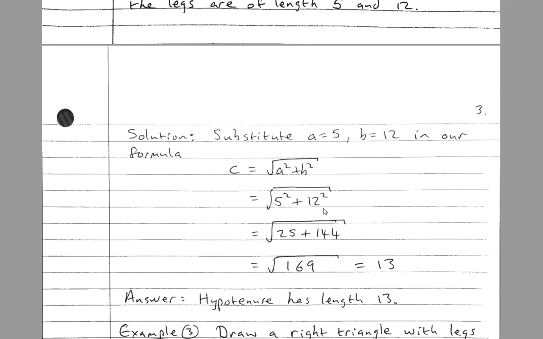So substituting, we're getting the square root of 5 squared plus 12 squared.